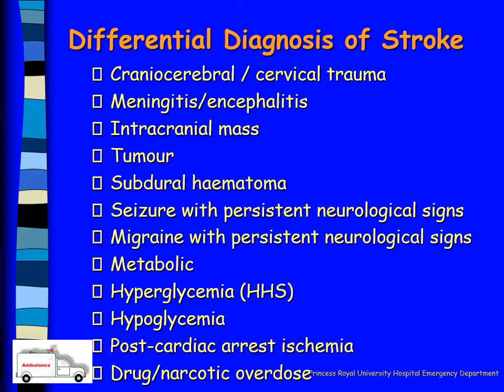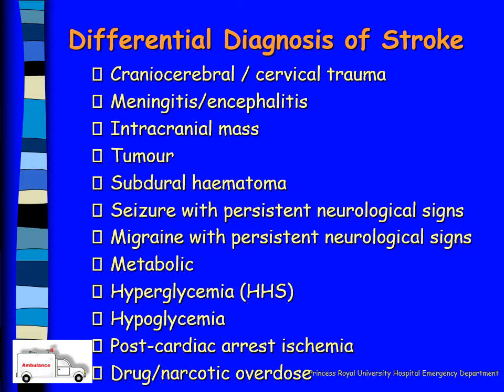Intracranial mass, often the history is much more chronic, and you'll have symptoms of raised intracranial pressure, like worse headaches in the morning, or with coughing and straining, and that applies for the tumour as well. Consider a subdural hematoma in perhaps an elderly person who's fallen and hit their head.